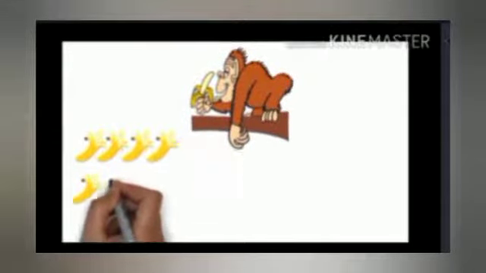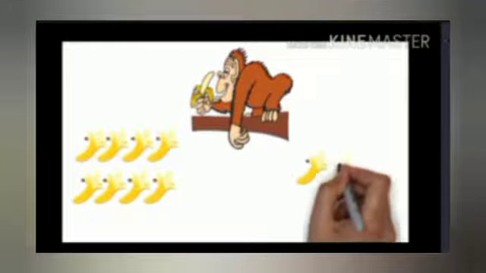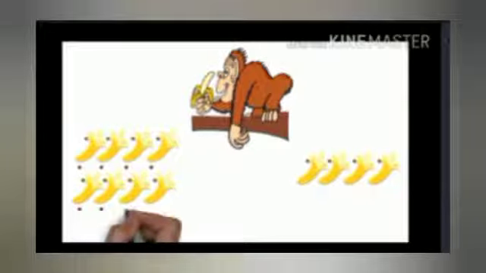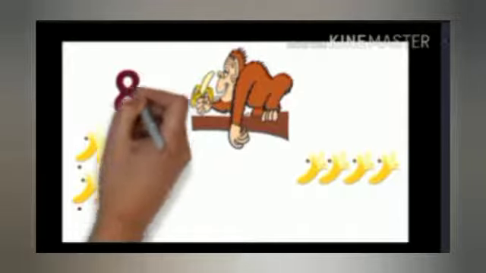Now in the next example, you can see a monkey. The monkey loves to eat bananas. On the left side, you can see bananas, and on the right side, you can also see bananas. Now on the left side, 1, 2, 3, 4, 5, 6, 7, 8. 8 bananas.